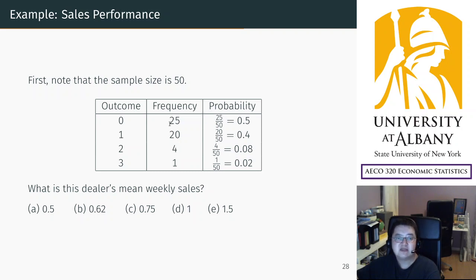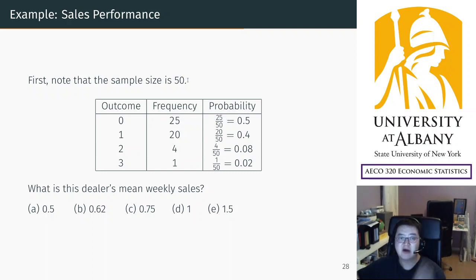Sample size is the sum of these 4 frequencies, or I already gave you, because I said the data are from the past 50 weeks. The underlying experiment is to choose a random week, 7 days, and see how lucky you are, or how good the economy is. Then the probability is simply the ratio between the frequency and the sample size.